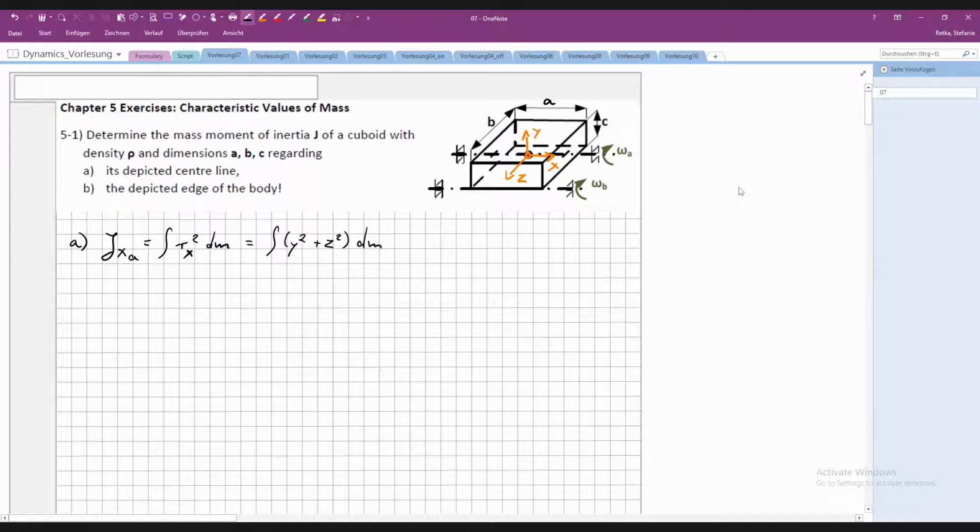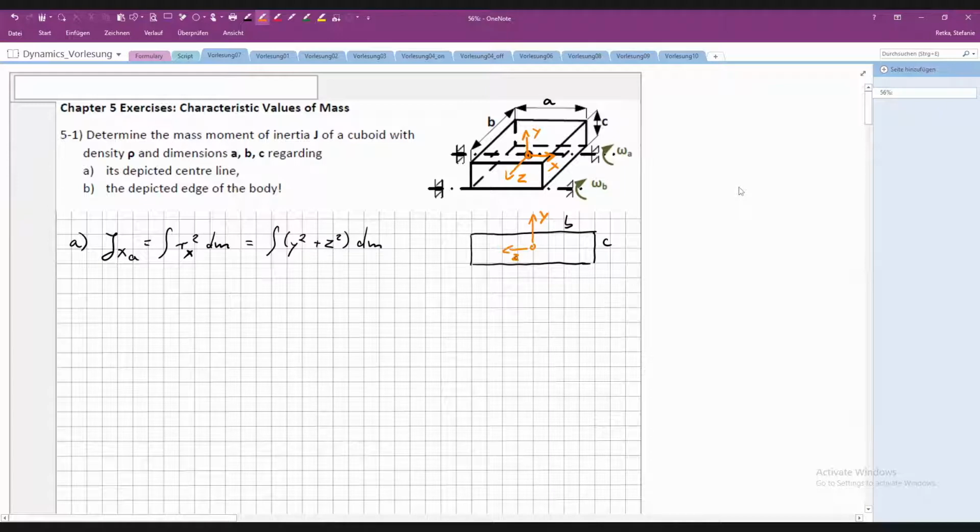Maybe easier to understand if we draw a side view of the box like this. This is C, this is B, this is our coordinate system, y-axis and z-axis.